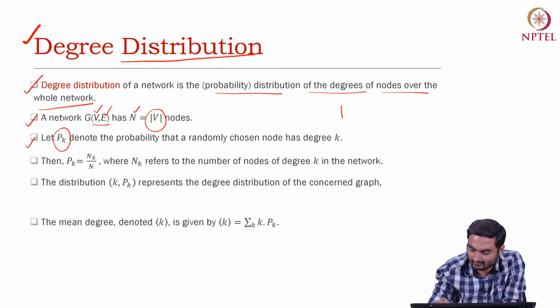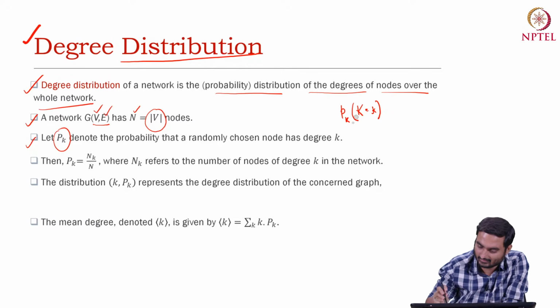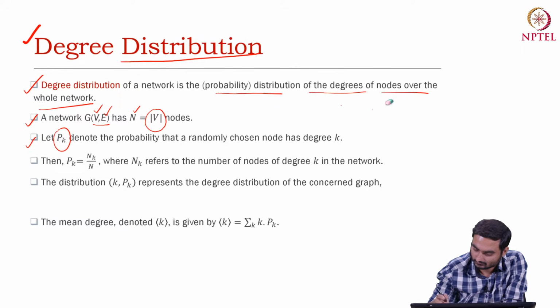So P_k is the probability that the degree is small k. You can write it in another way: P_k is the probability that capital K equals small k.